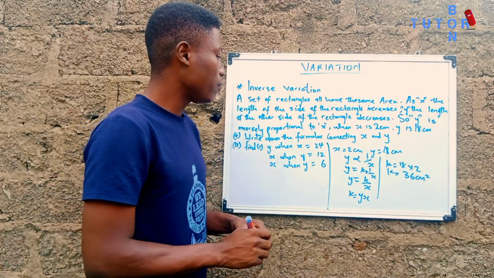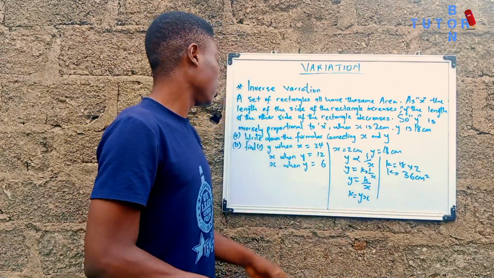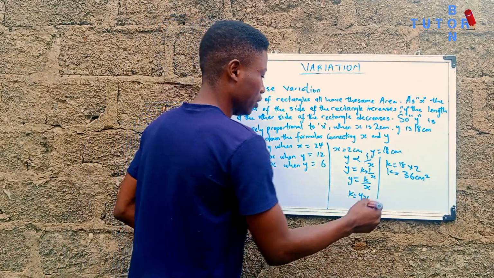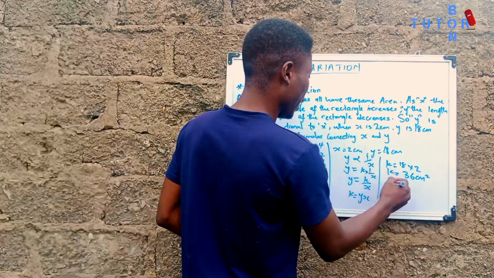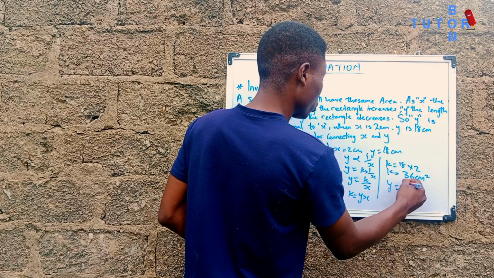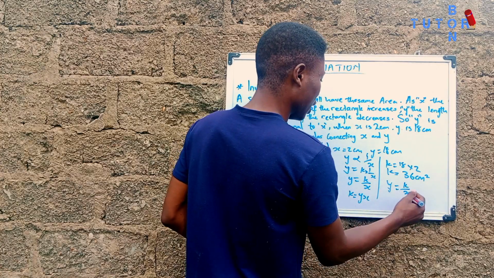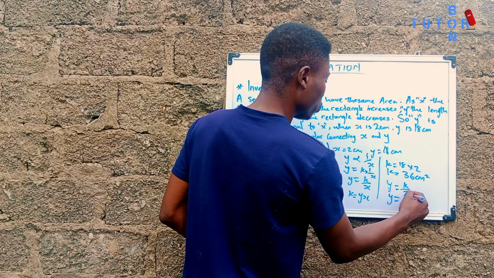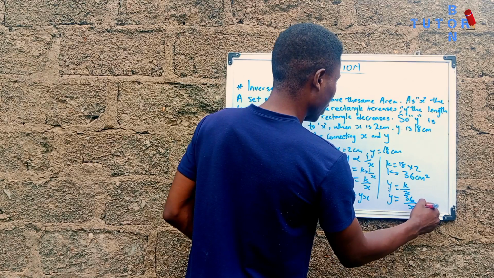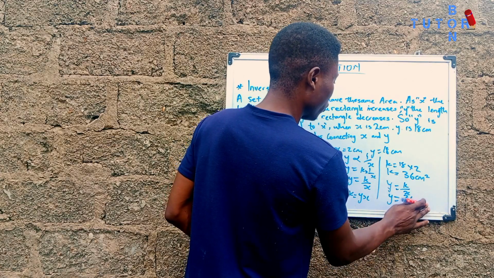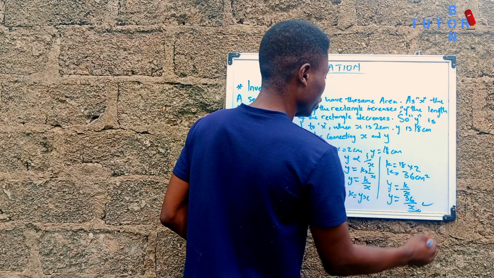So as we've gotten the value for k now, we can go to the formula that says y equals k over x, and say y equals 36 over x, and this is the formula connecting the two.